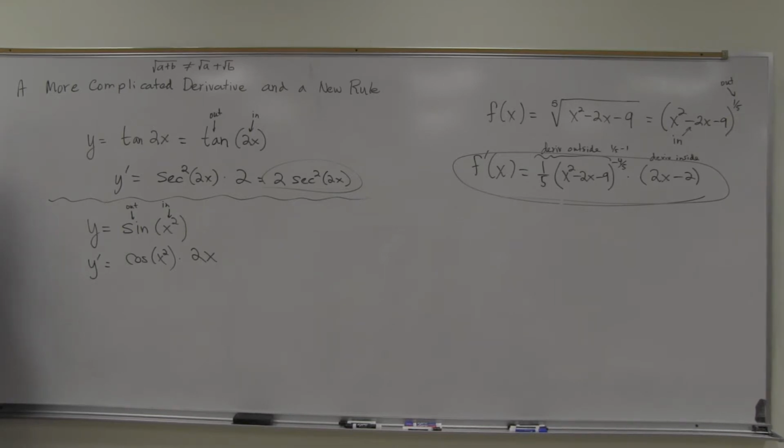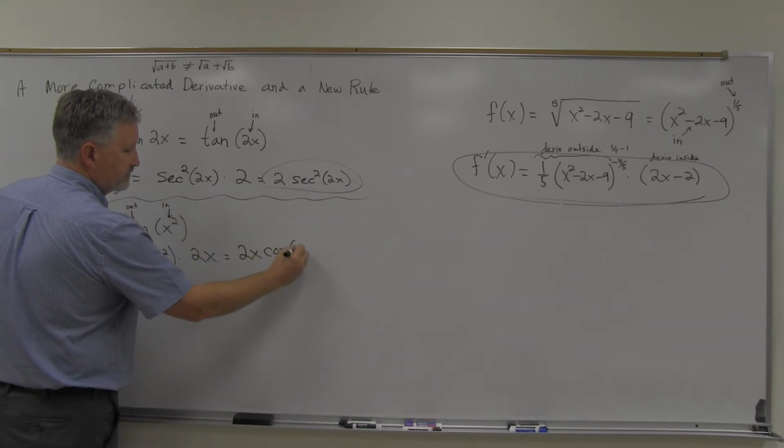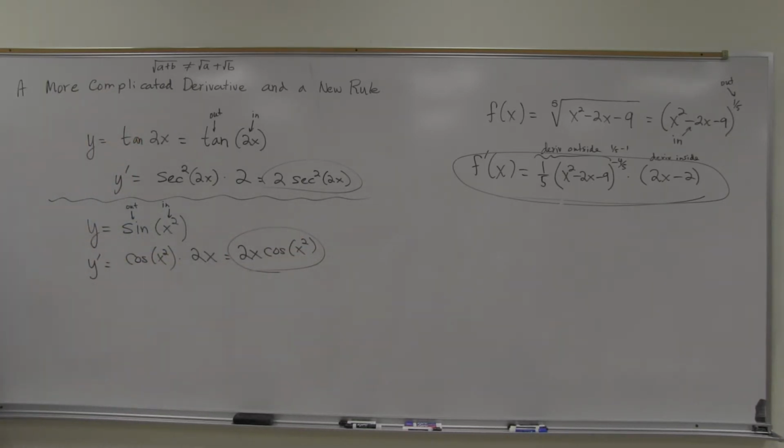Cosine x squared times 2x. And again, we can't multiply the x squared and the 2x because the x squared is in the cosine. Usually they'll write the trig function last, so that's probably how you would see it. You don't have to, but just FYI. Okay? Pretty simple. We'll get to some more complicated ones in a second.